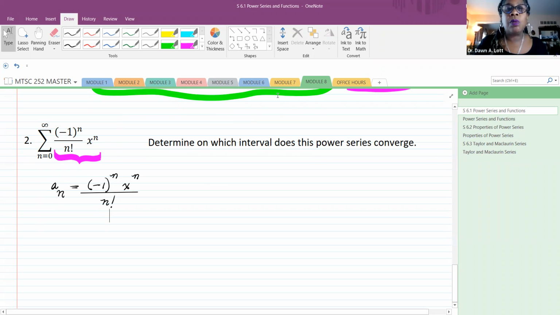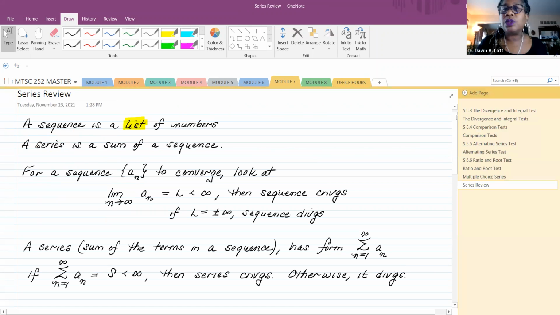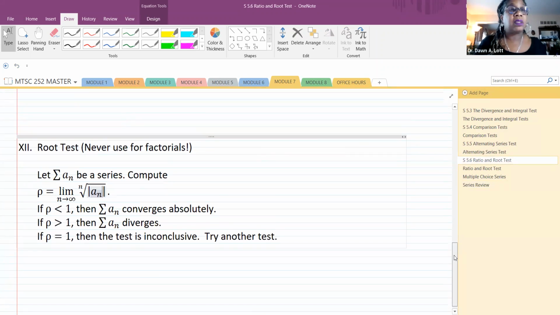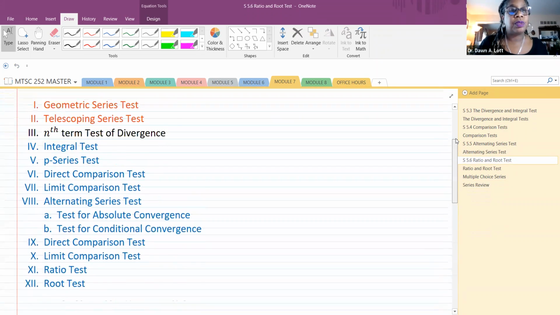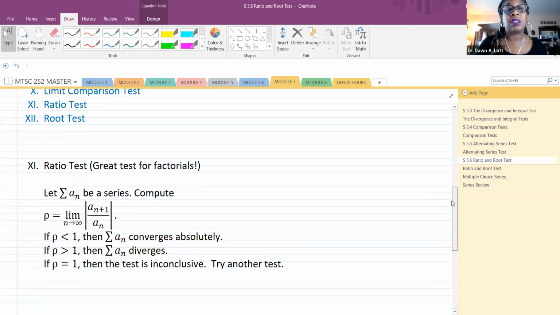All right, so as we can see, I want to go to here. For the ratio test, first off, it says the root test, never use it for factorials, but we already know the ratio test is the best test to use for factorials.